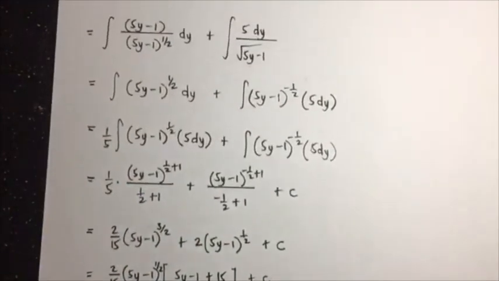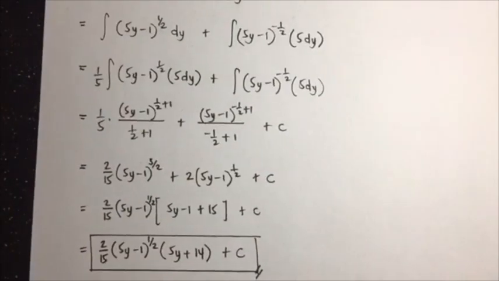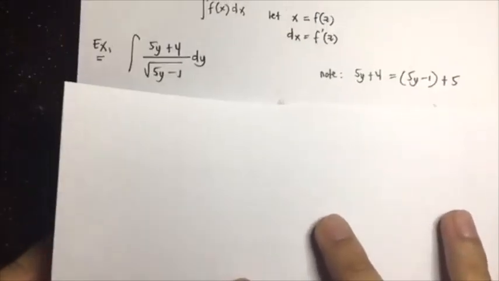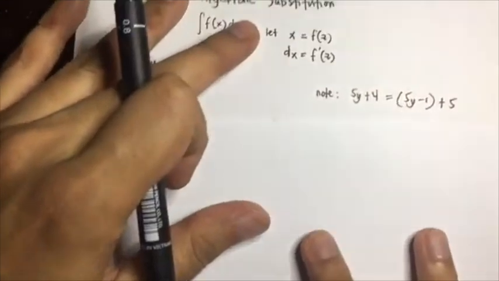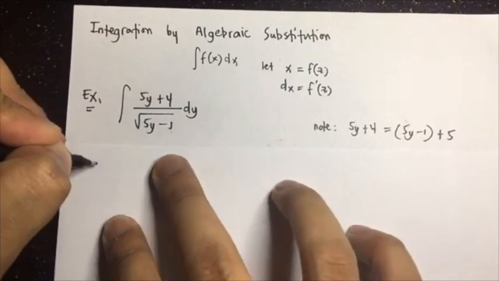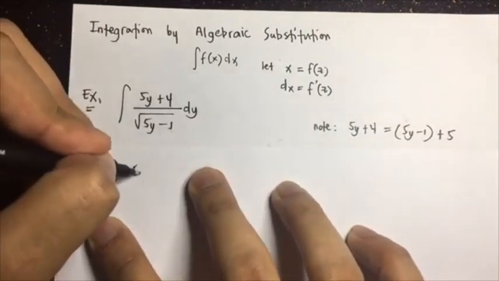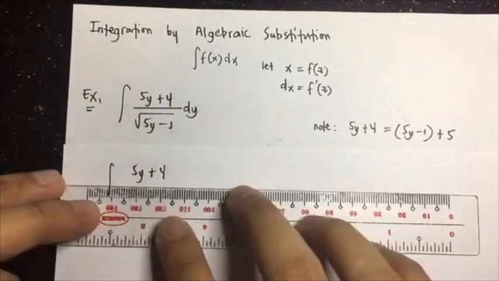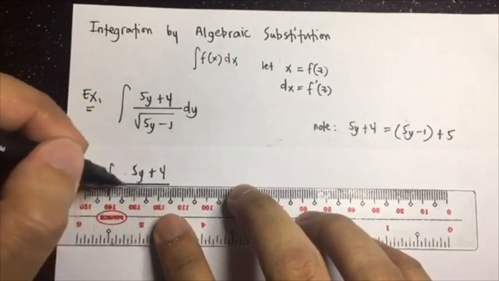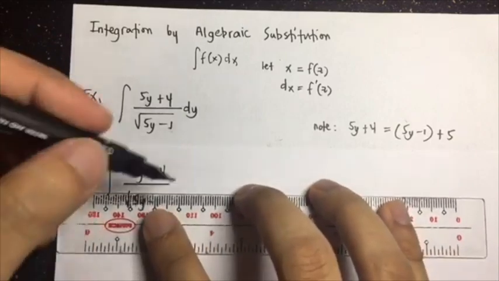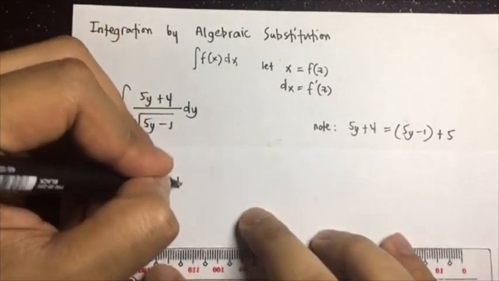Okay, but in using algebraic substitution, again we look at the integrand, and we try to find the part which makes it difficult to integrate. So we have again the integral of (5y plus 4) over the square root of 5y minus 1 dy.